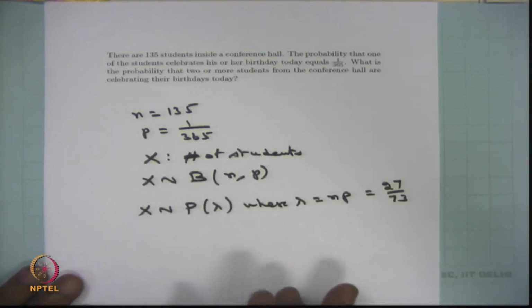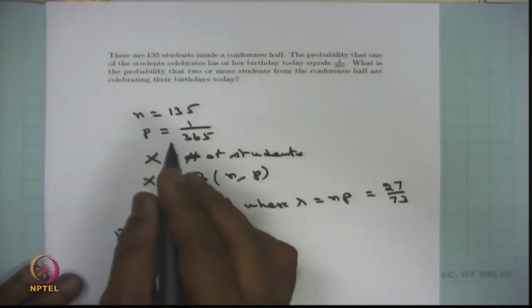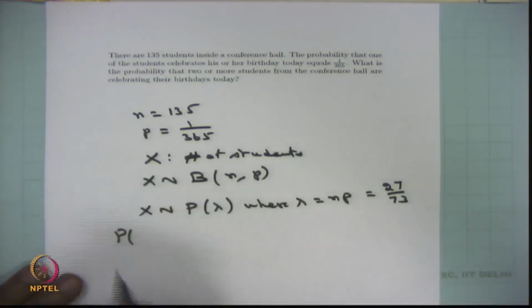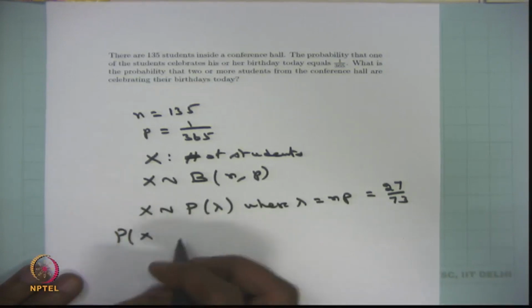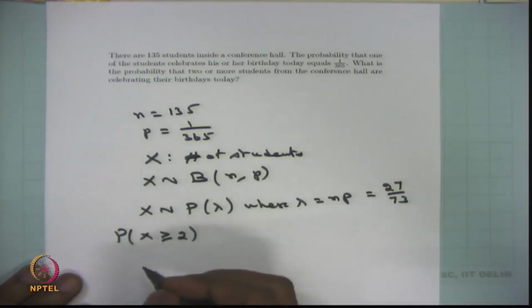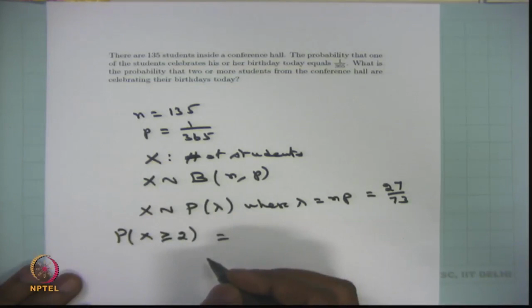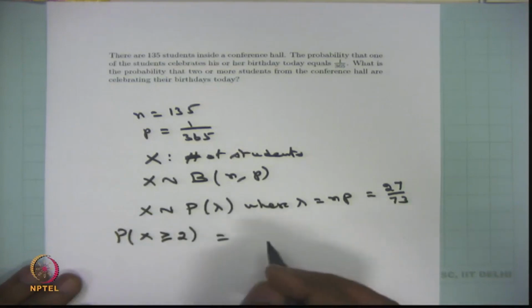That means you know the probability mass function of the Poisson distribution. Therefore, the required probability, that 2 or more students from the conference hall are celebrating their birthday today, is nothing but X greater than or equal to 2. One way is to find the probability of X equal to 2, X equal to 3 and so on, and sum it up.